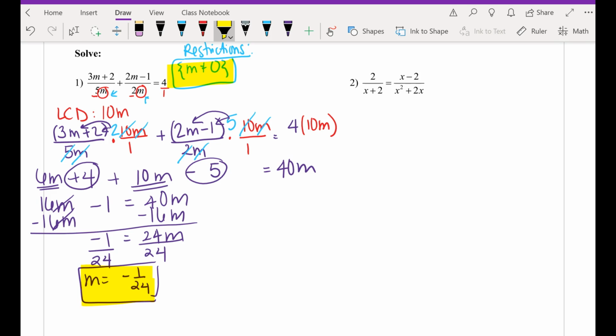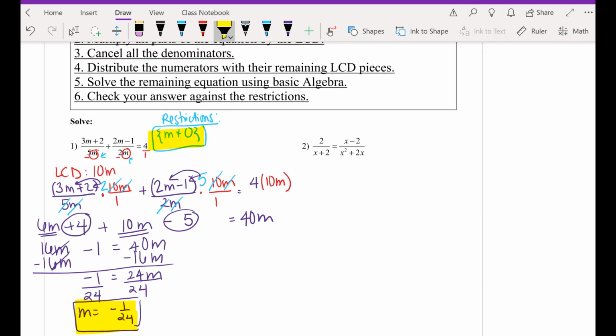Okay, so step number 3 says cancel the denominator. We did that. Step number 4, distribute the numerators with the remaining LCD pieces. That's exactly what we did with 3m plus 2 times 2 and even 4 times 10m. Step number 5, we solve. Once we get down to a basic algebra 1 equation, we solve as normal, and then we check our answer using the restrictions.